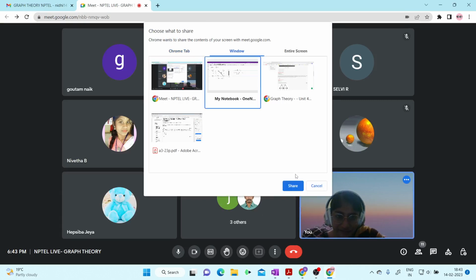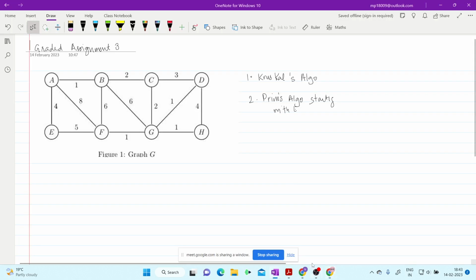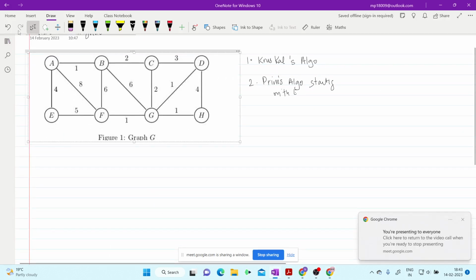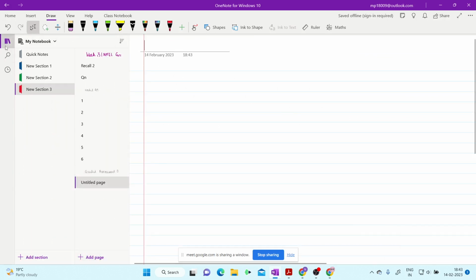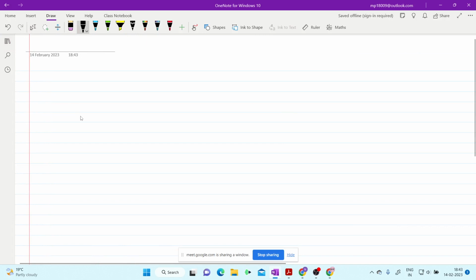Wait. Okay. Now I think it is visible, right? My writing screen. Yes, ma'am. So first we have to check if Q3 is bipartite.